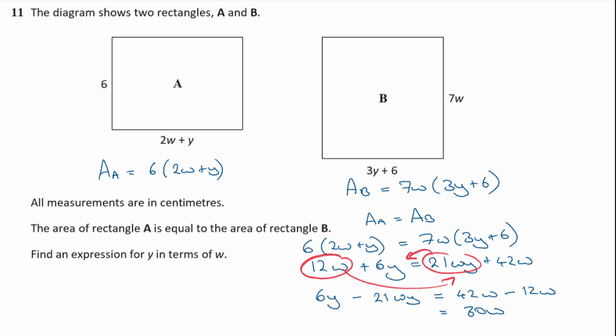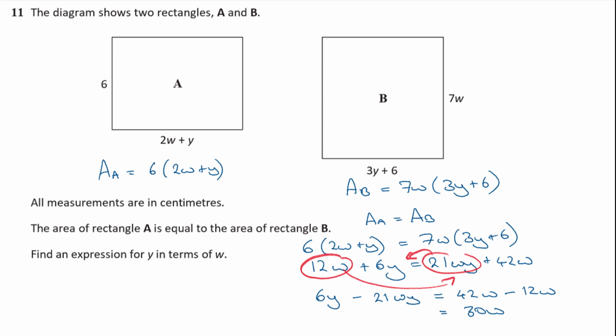But on the left I've got 6y minus 21wy. Now I want to get y on its own. Now the only way I'm going to achieve that is if I factorize the y out of both terms. Okay, so if you've got these mixed terms, you're going to have to factorize the thing you want out of it. Actually there are two common factors here, aren't there?